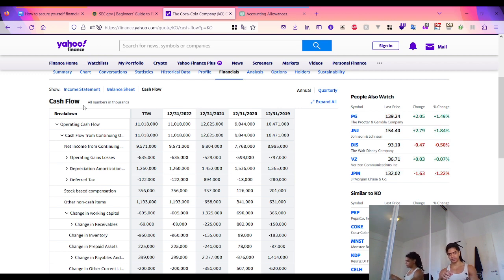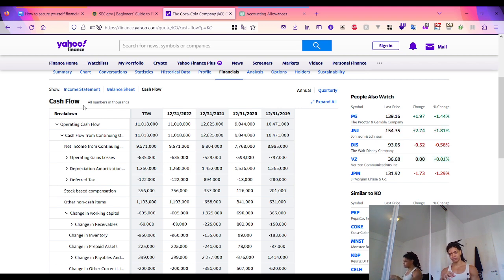It does that by showing the change over time, reusing income statement and balance sheet data. The bottom line shows the net increase or decrease in cash for that period.